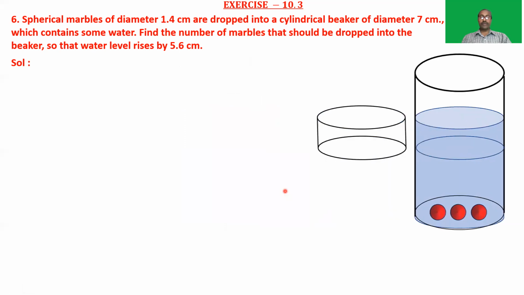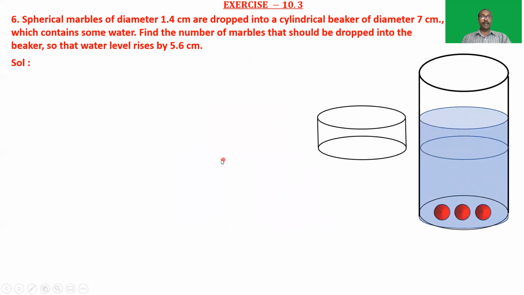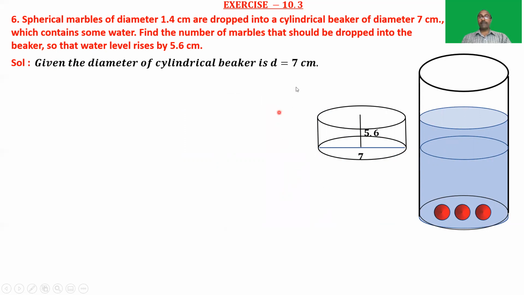Now it is given that the diameter is 7 centimeter and the water level increases by 5.6 centimeter. So given the diameter of cylindrical beaker D is equal to 7 centimeter. So the radius of cylindrical beaker is 3.5 centimeter.